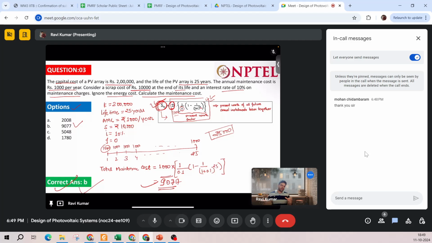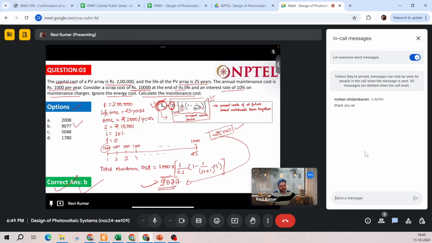We will say 25,000. But actually the value of money changes with the interest rate. That's why in place of 25,000 we require only 9,000. So that's the difference. Rather than 25,000, we require only 9,000.